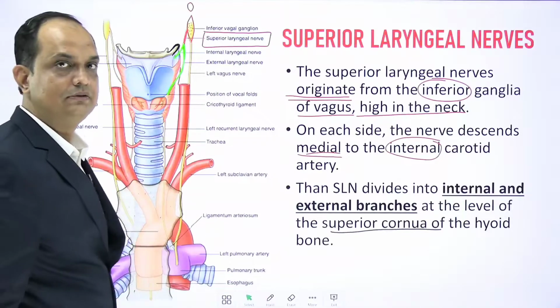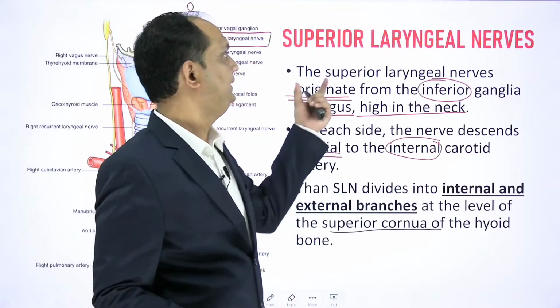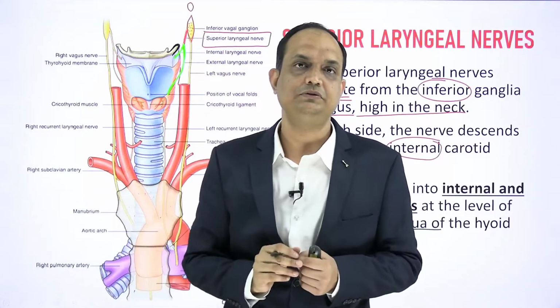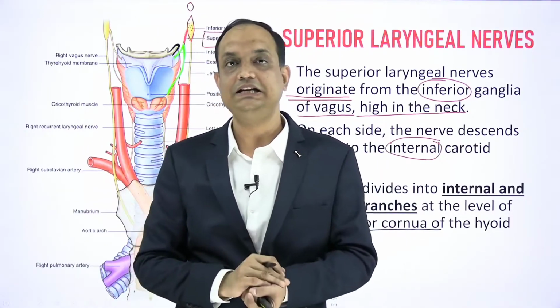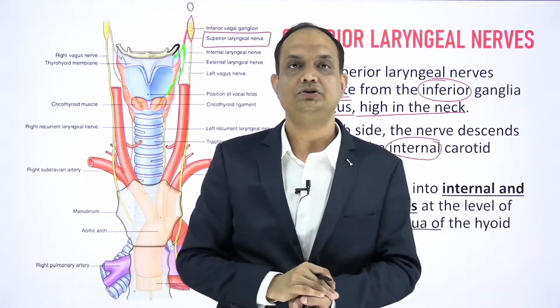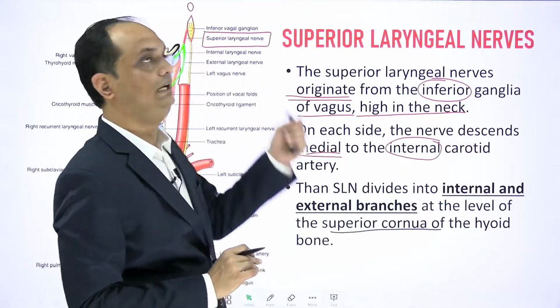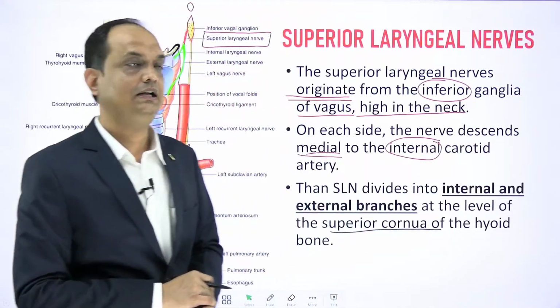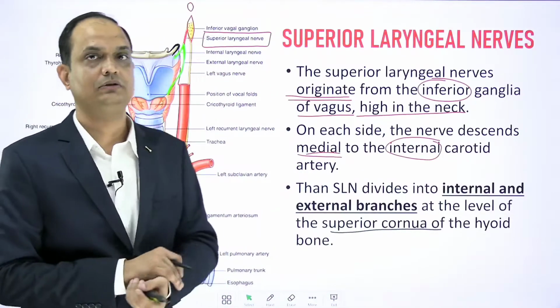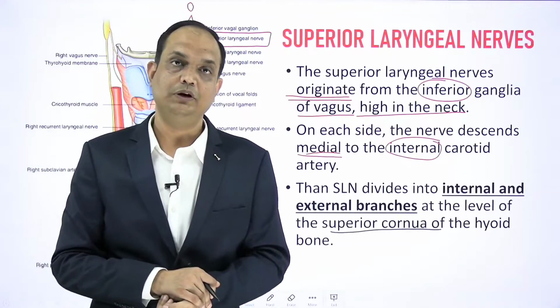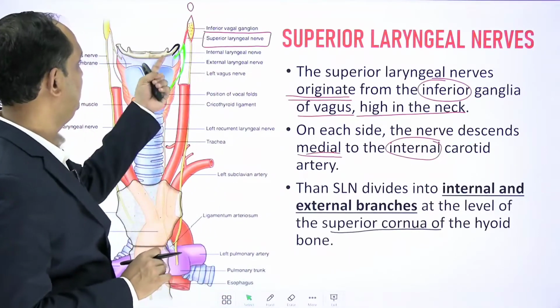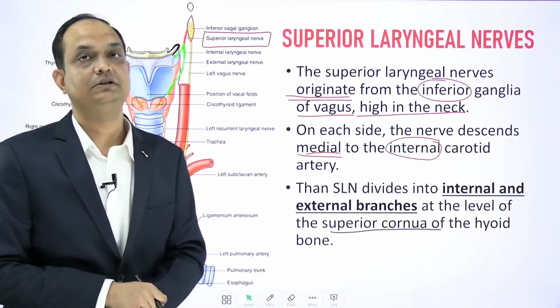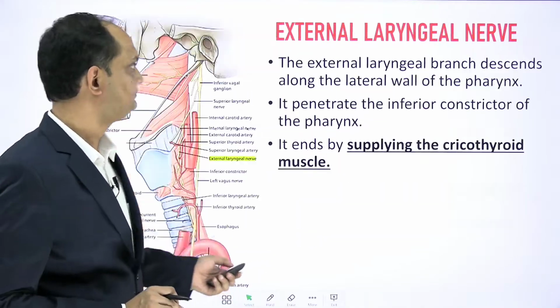So, my dear friends, whenever you study the superior laryngeal nerve, the basic thing you should know is that it is a branch of the inferior ganglion of the vagus nerve. It divides into two branches at the level of the greater horn of the hyoid bone: the internal laryngeal nerve and the external laryngeal nerve.